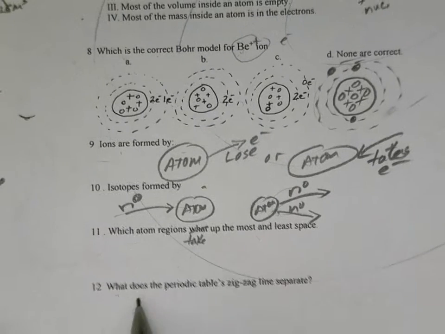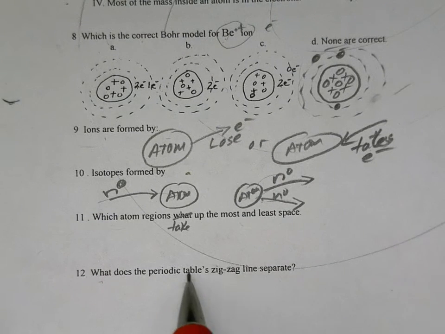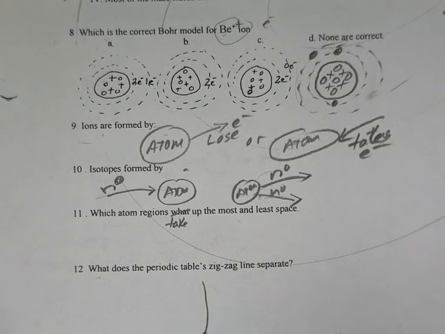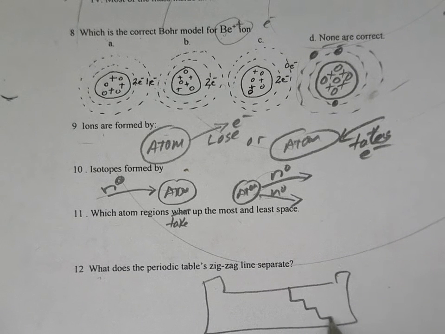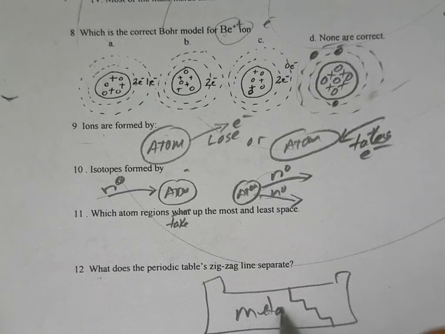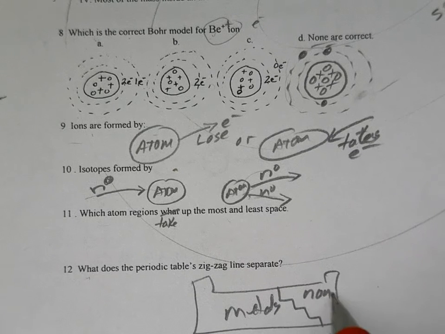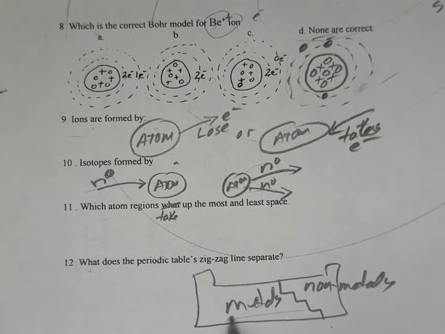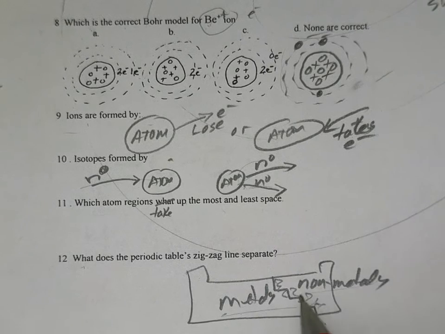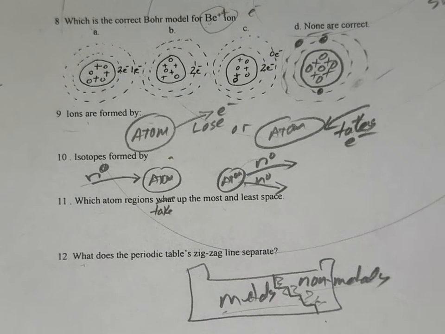And what does the periodic table's zigzag line do? Oh, I can't believe you guys missed this. It separates the metals from the nonmetals. Okay, so the left side is metals, the right side's nonmetals. Yeah, there's a few in here that are going to be metalloids, but I don't think the question was really asking that. So anyway, there you go.